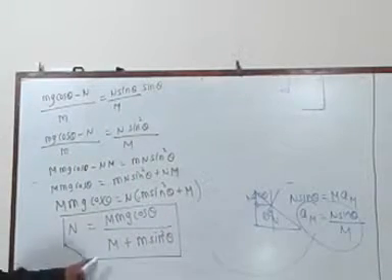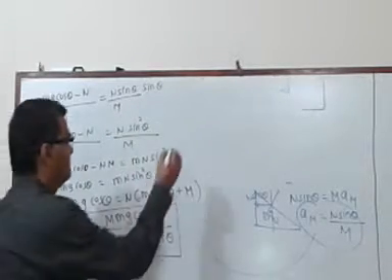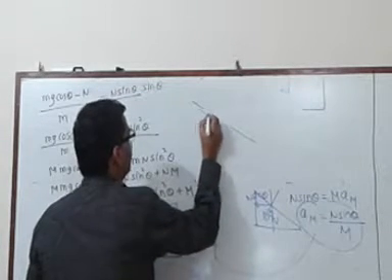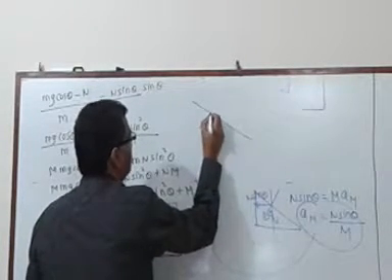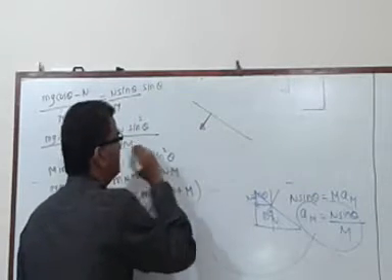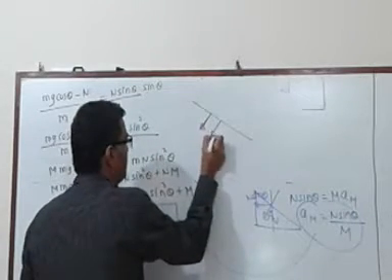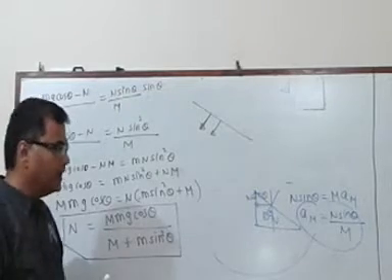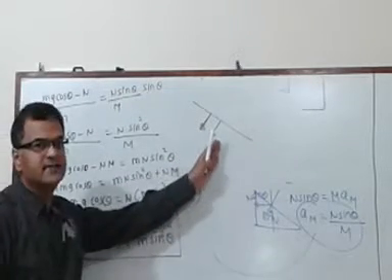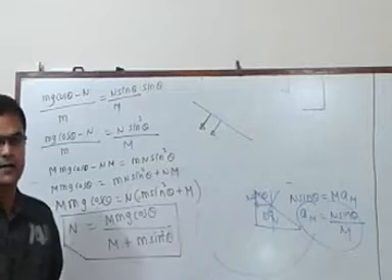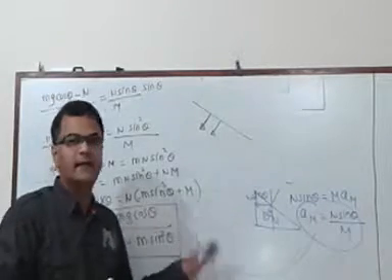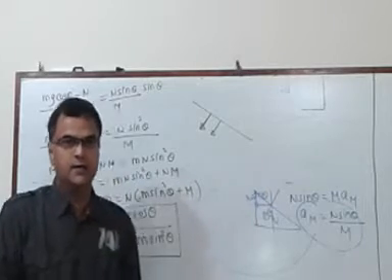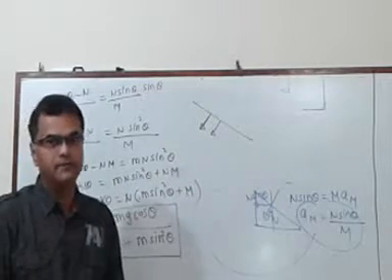The only difficult part in this discussion was to understand that the perpendicular component of acceleration of the block was the same as the perpendicular component of acceleration of the wedge. If there is any difficulty in understanding this particular concept, the same problem can be solved by some other method also. So let us see that other method, how to solve this particular problem.